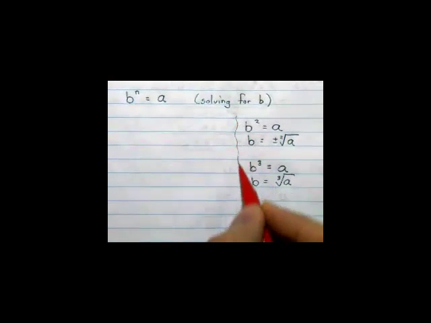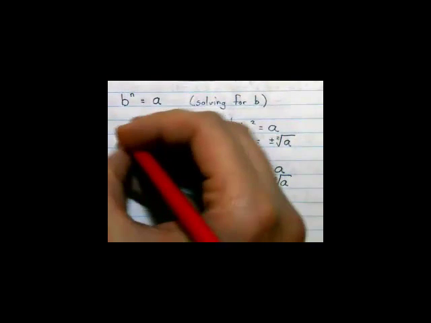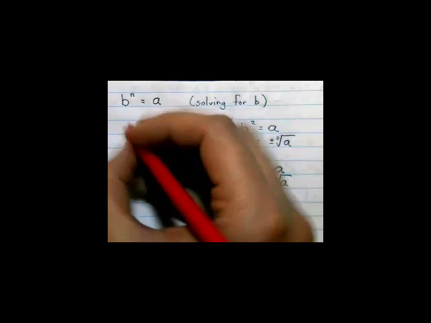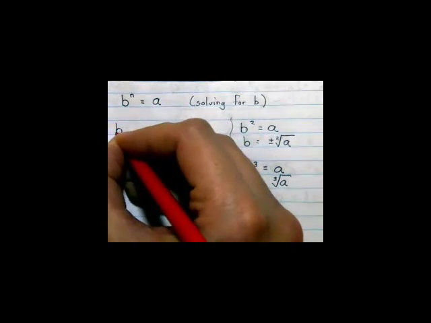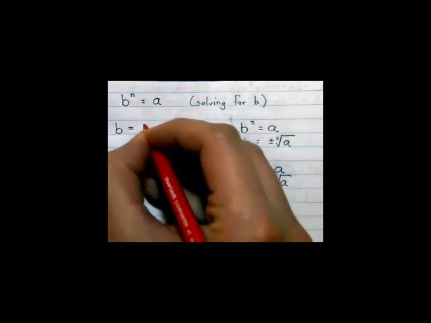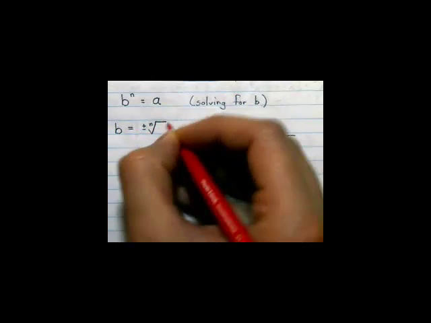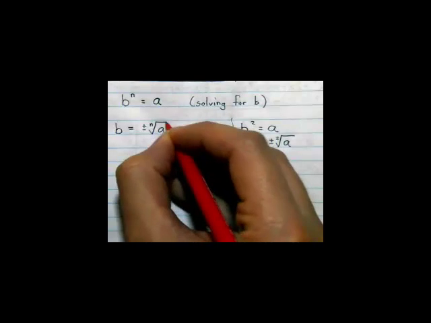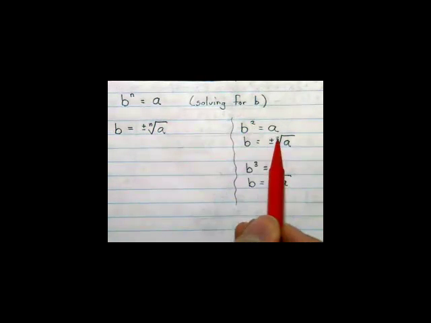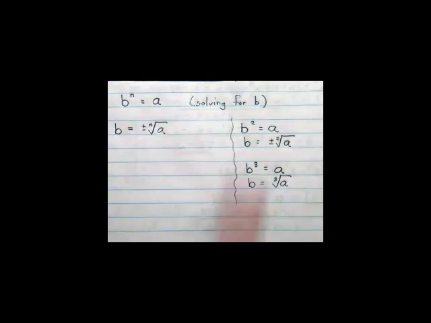So, in general, you've got a couple of different things happening here. So b could be equal to plus or minus the nth root of a then, right? Whatever the power was, that's the type of root that you're using, okay?